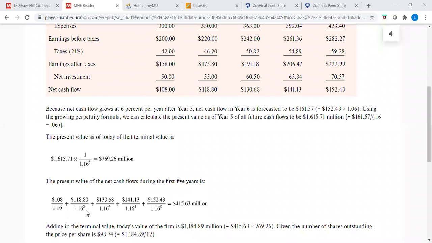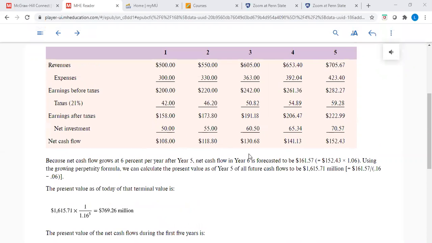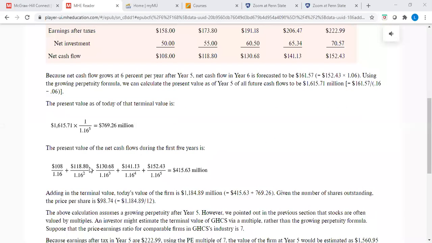So we have to divide that by 1 plus the discount rate to the second power, because that value is as of the end of the second period. We need the value as of the first. The third period, 130.68, divide that by 1 plus the discount rate to the third power, because we need to bring it back 3 years. Fourth one, we need to bring that one back 4 years, and then the fifth one.